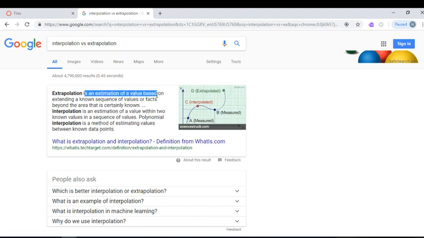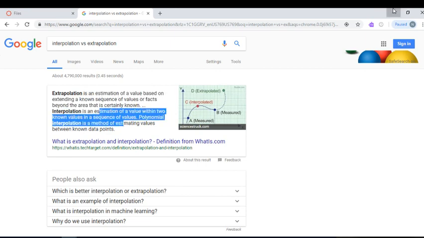Extrapolation is an estimation based on extending a known sequence, and interpolation is within a sequence.